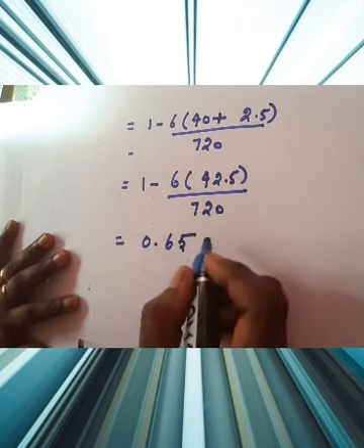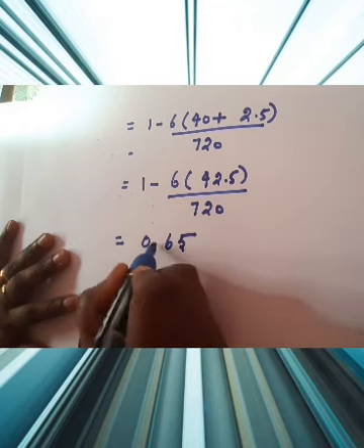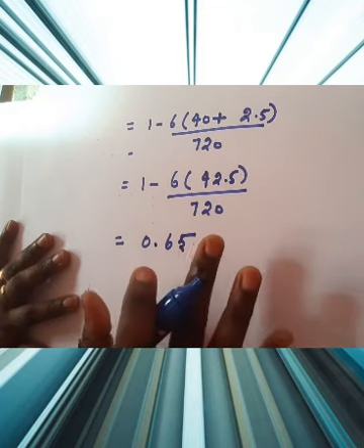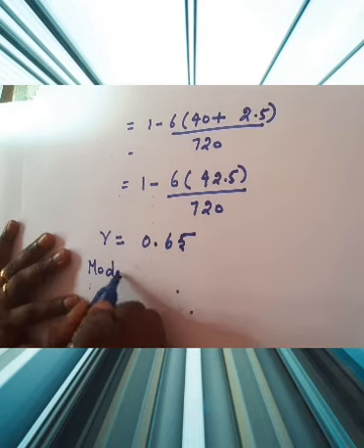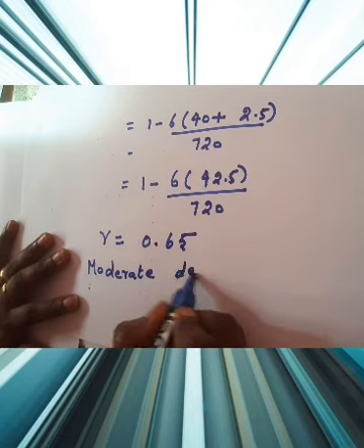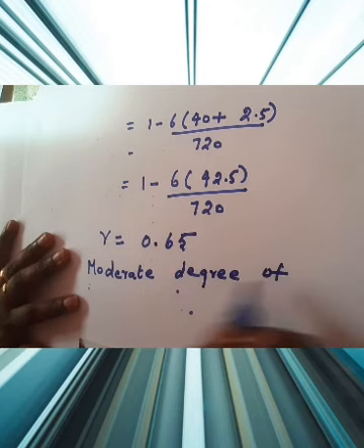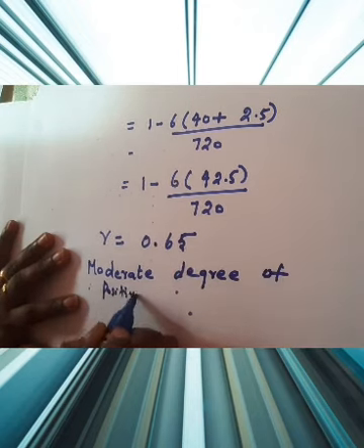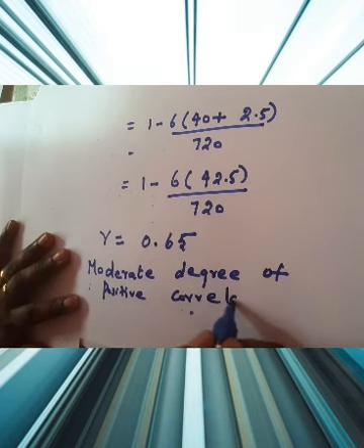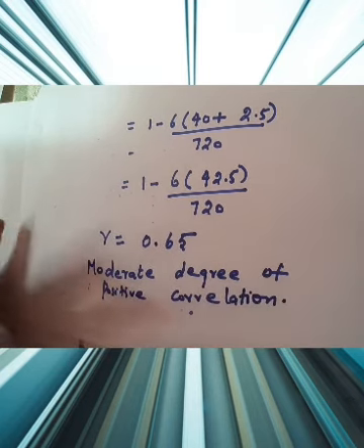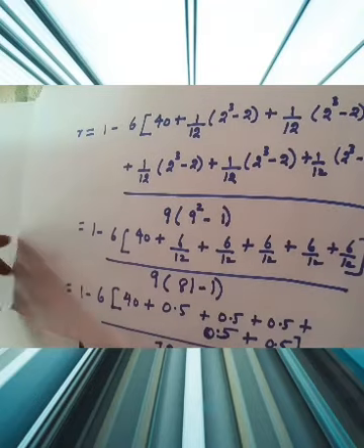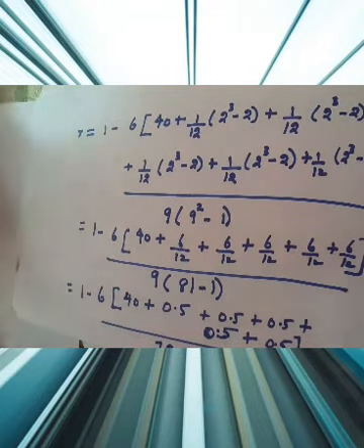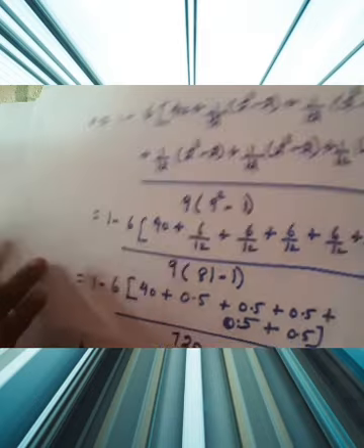Approximately. I'm not writing the exact answer. Approximately you'll be getting something like this. So what kind of correlation is it? It is a moderate degree of positive correlation. Okay, students, so this is how we got the answer. If you want, you can have a look at how I have solved the problem.